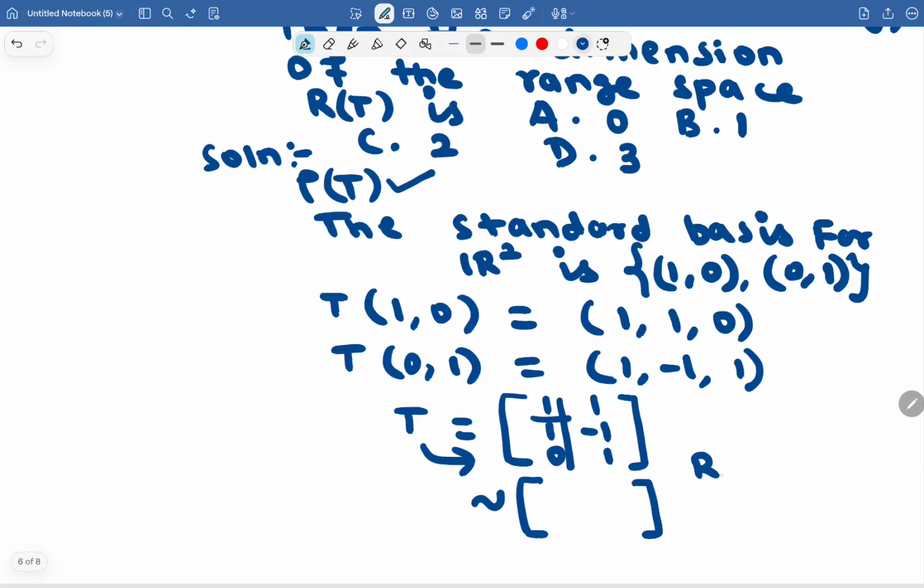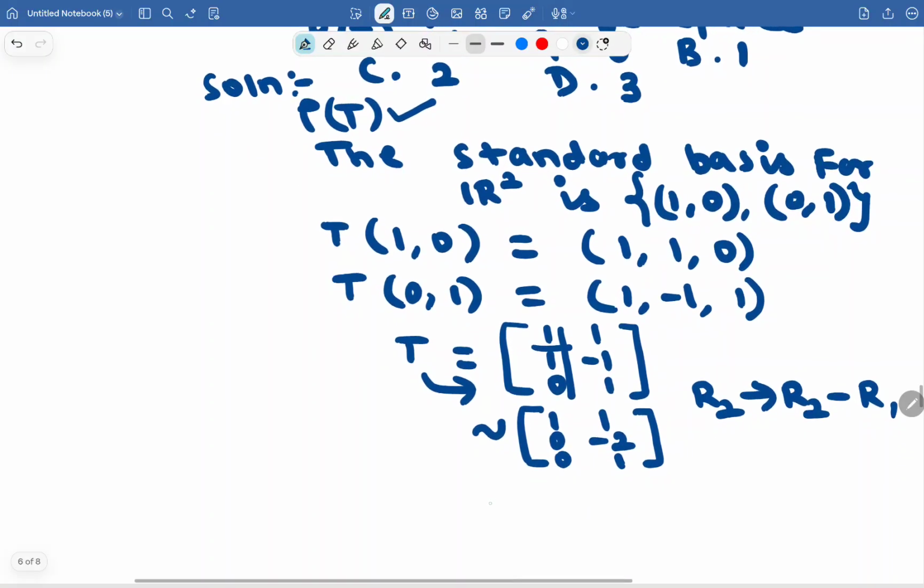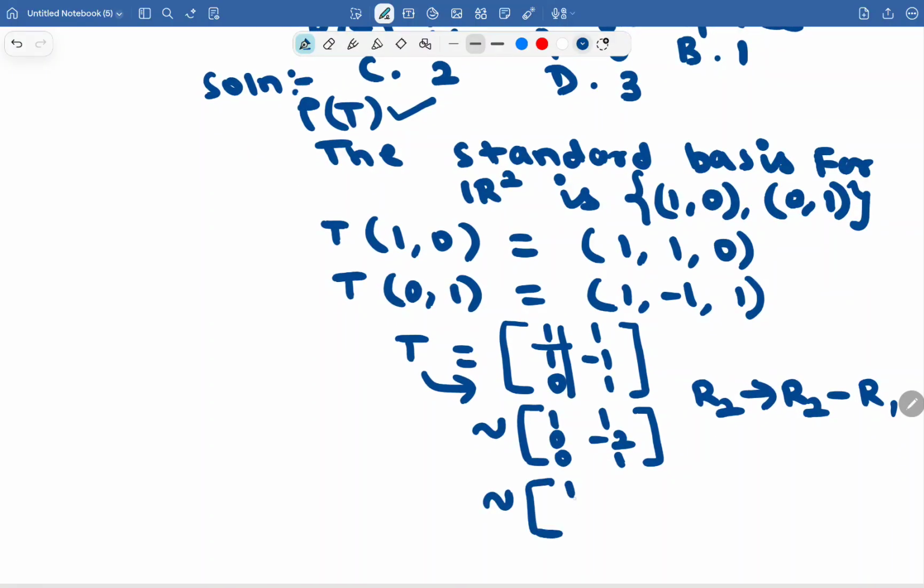That means R2 minus R1: 1, 1, 0 and 0, minus 2, 1. Now 2 R3 plus R2, it becomes the last row 0, 0.